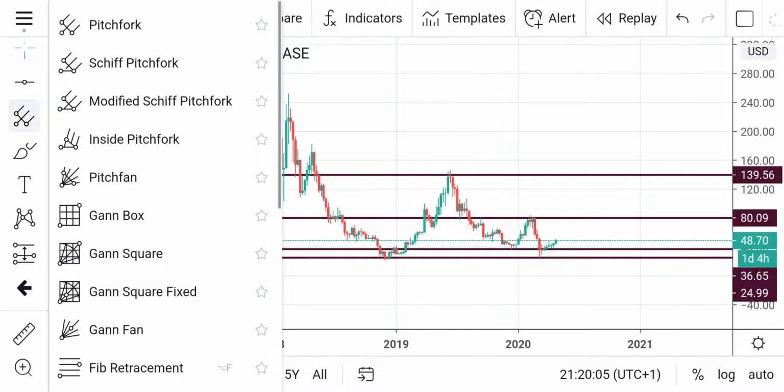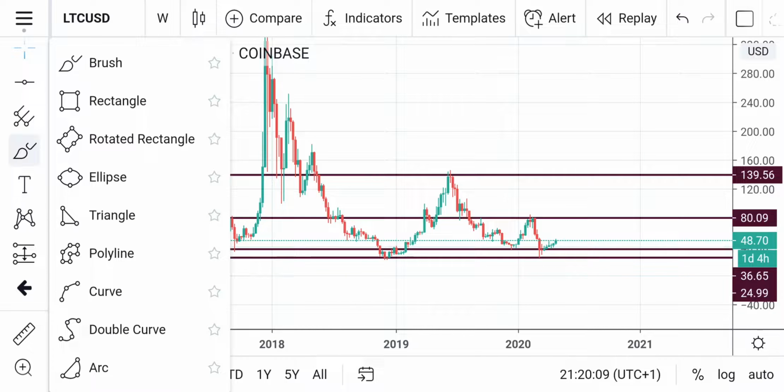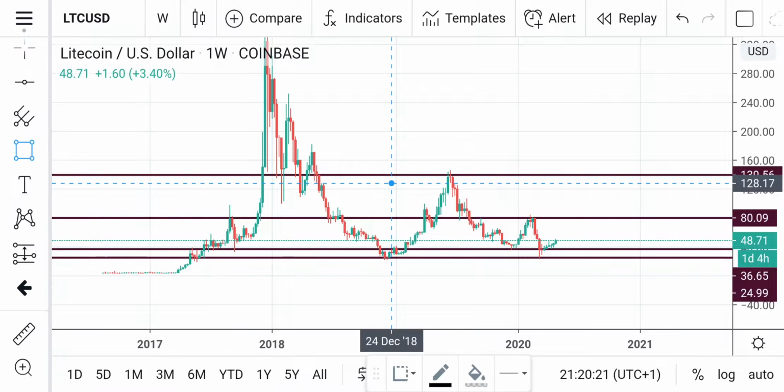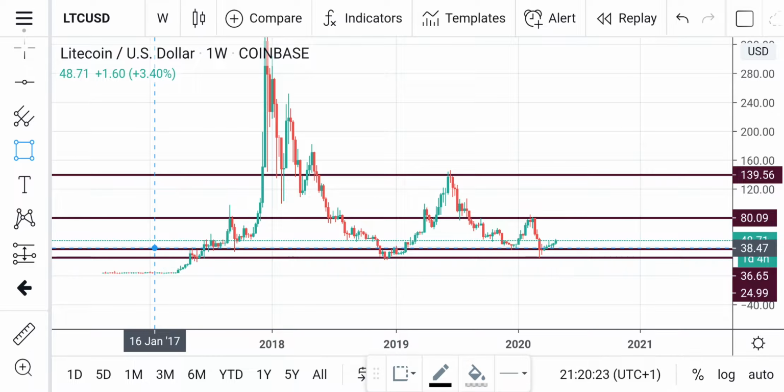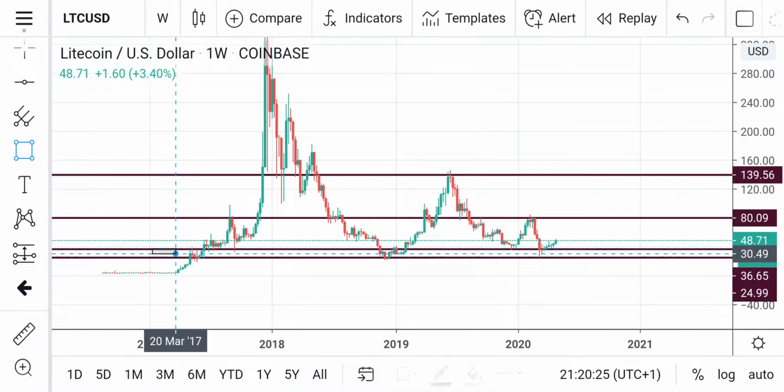What I'm going to do is lighten them, especially the zone over here. I'm going to use the rectangle tool to highlight it so I can delete the line, so that my chart looks cleaner.